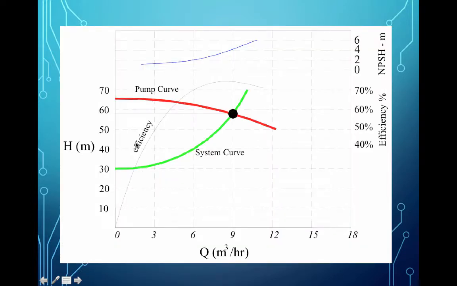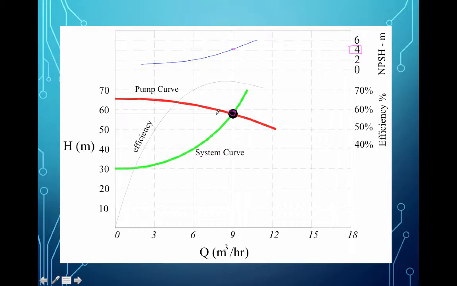Here's another diagram conveying the same information. Here's a pump curve, here's a system curve. The operating point is right there, so this one works at 9 cubic meters per hour at 58 meters of head. The net positive suction head is around 4 meters. That's what's required.